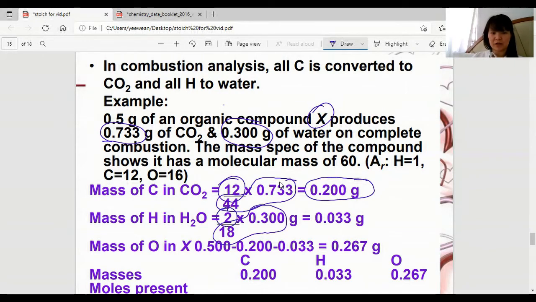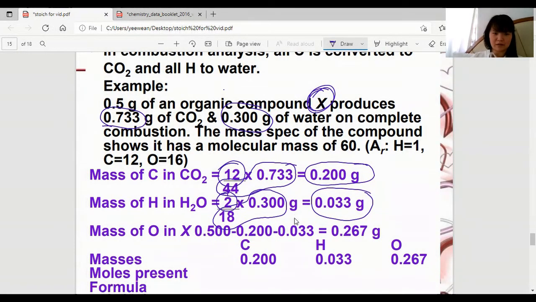Each of those hydrogen actually weighs 1.01, but I'm not being too precise here. So I got 0.033 grams of hydrogen atoms in this organic compound X. And the balance: I have 0.5 grams of this compound X. I take away the carbons, take away the hydrogens, the leftover would be oxygen.